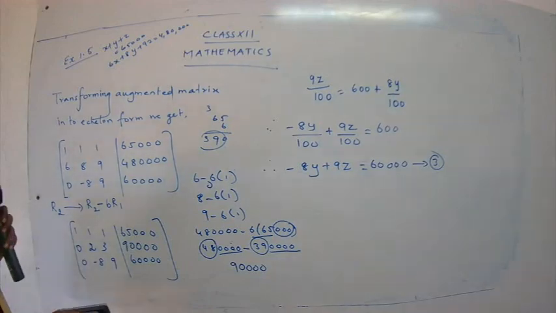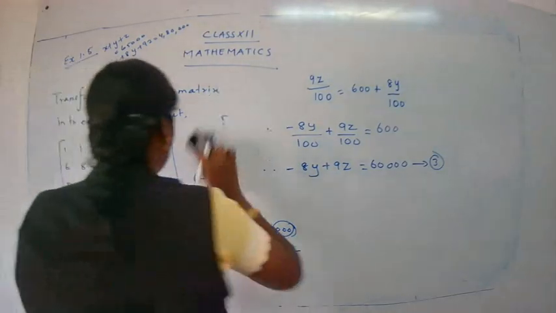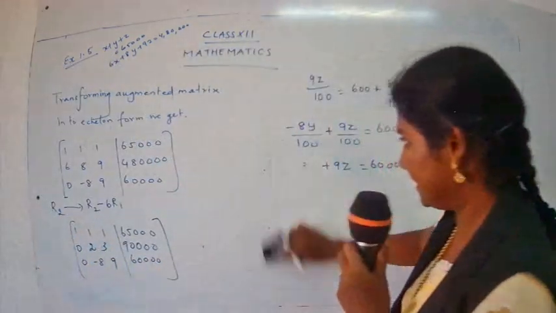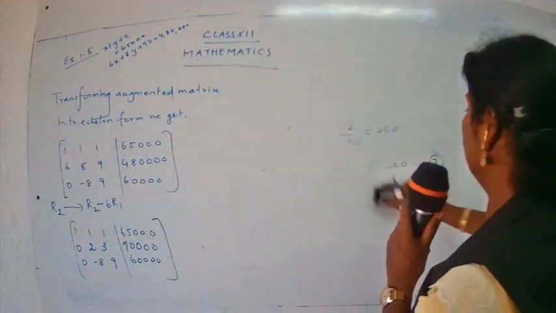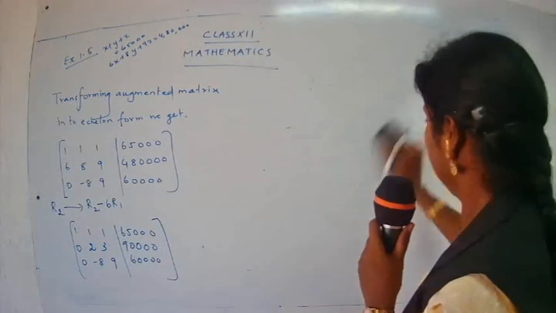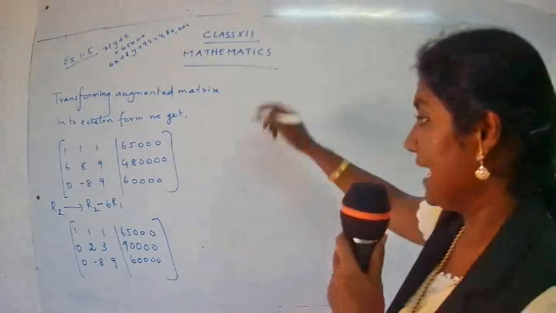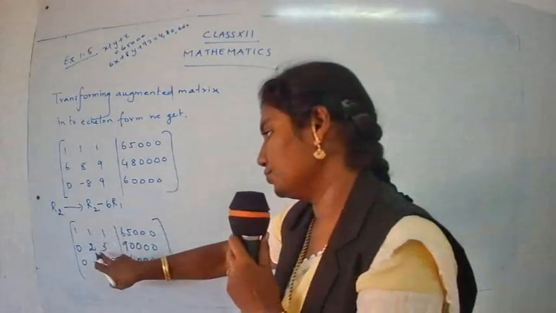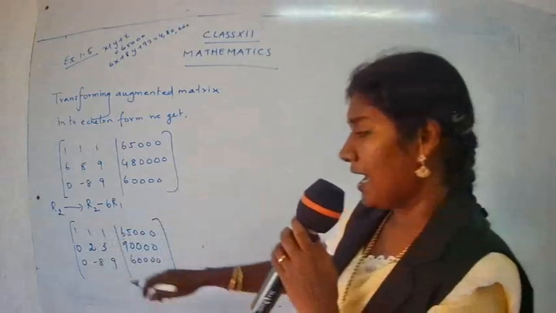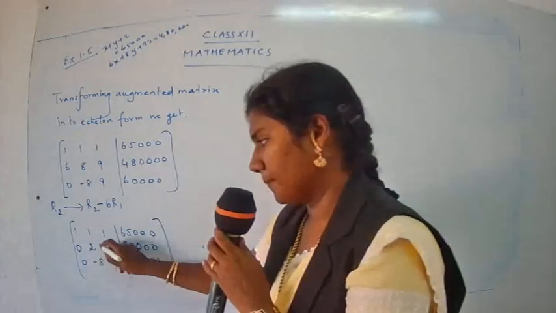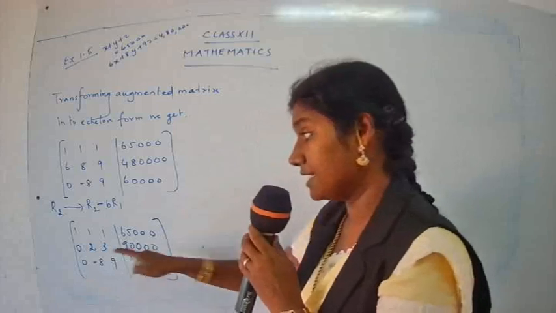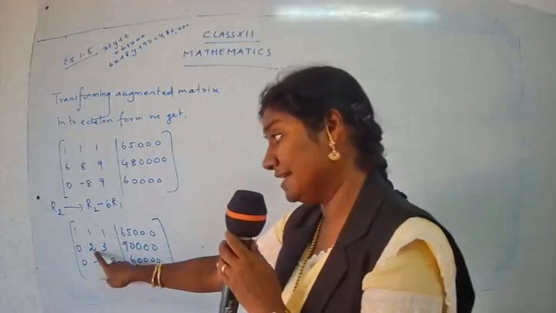Now let's go for the next step. Let's see how to proceed. So what are we going to do here? We have 1, 1, 1, 0, 2, 3. Now what I do is, I will make this as 1. It's our choice. I can just keep this as 2 alone or I'll divide this by 2.